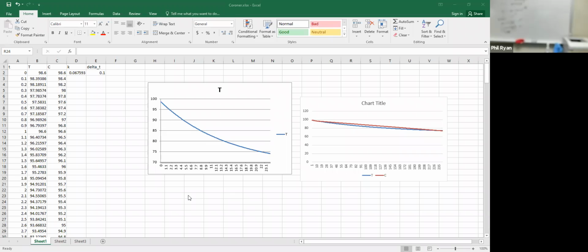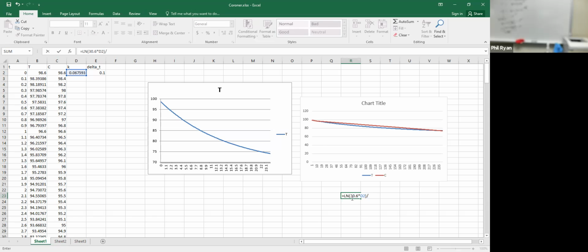So let's solve that. Let's just solve it here. So equals ln of 30.6 times k, but I know what k is because that's in D2, times D2 divided by D2.